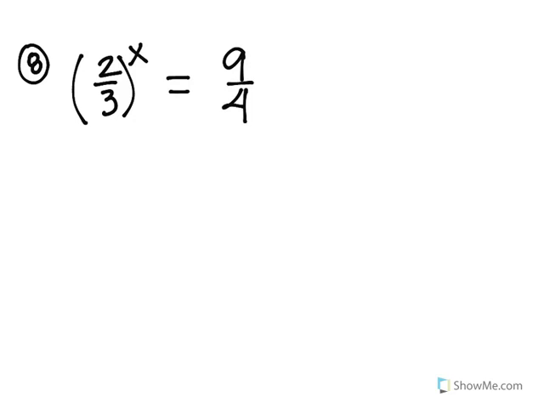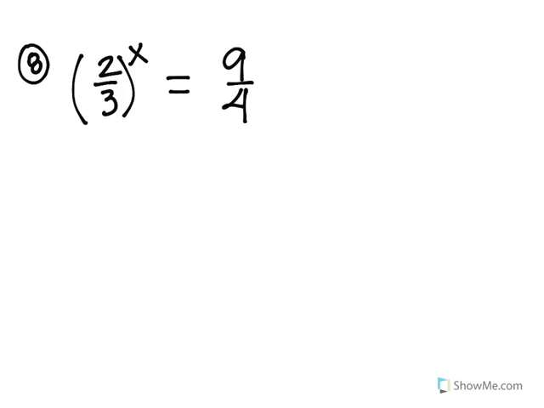And number 8, 2/3 to the x power equals 9/4. Now, I don't really want to set this up as equal bases. I want you to think a little bit.